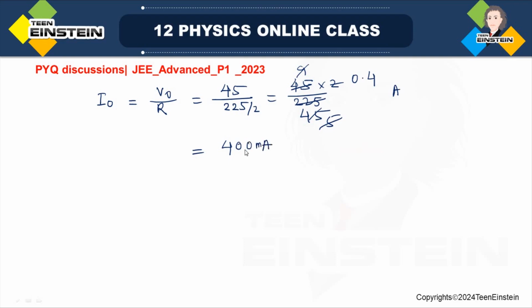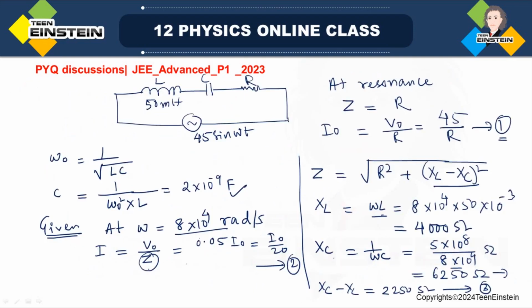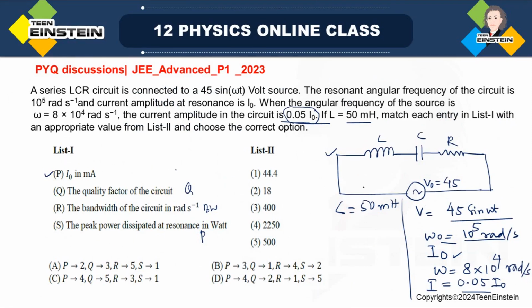Now let us see the first option and match it. In milliampere, so third, so P is matching with 3. Now we'll look for the quality factor of the circuit.